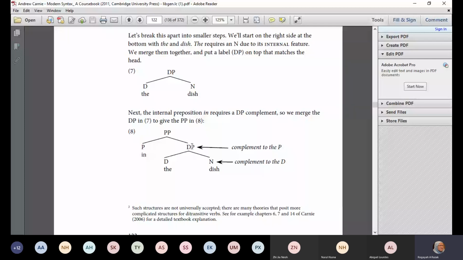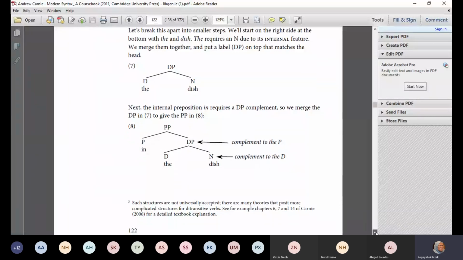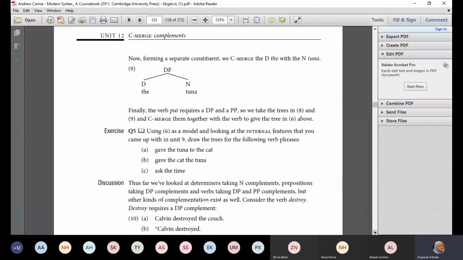This DP is a complement to the prepositional phrase, because the prepositional phrase as a head will say I need a certain feature specification, and coincidentally the DP, the dish, satisfies that, and then they merge. All right.